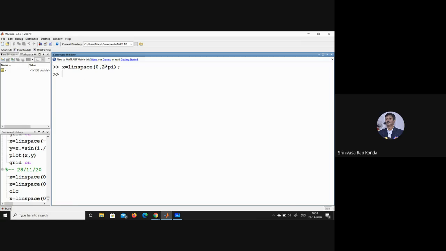So that means we'll get 100 points in the closed interval 0 to 2 pi. Now I am defining the function y is equal to sin of x. So y1 is equal to 2 star sin x. y2 is equal to 3 star sin x.